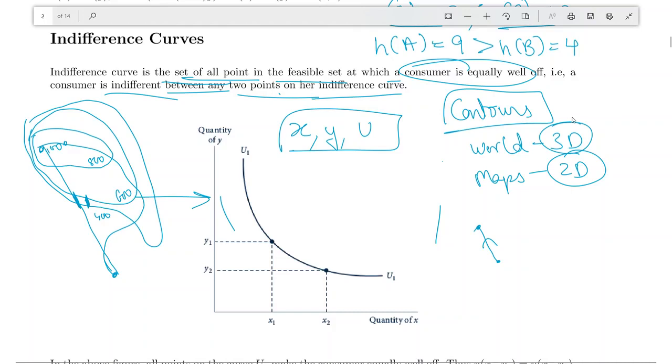But instead of highlighting points at different altitudes, you are now going to highlight points at the same utility level. So let's say this is utility level 100, then there's another contour for utility level 200, and another contour for utility level 50 or 30. So these are going to be different contours.